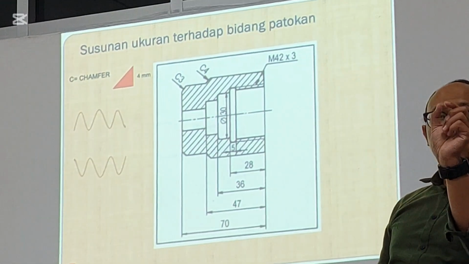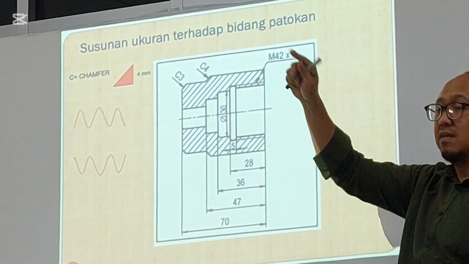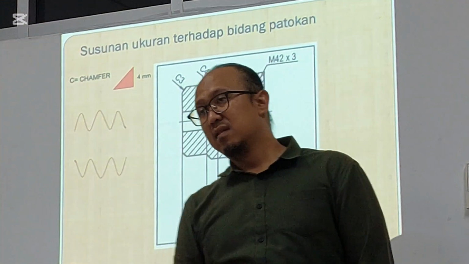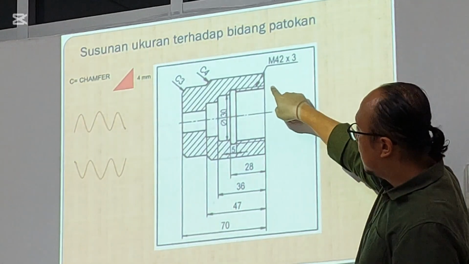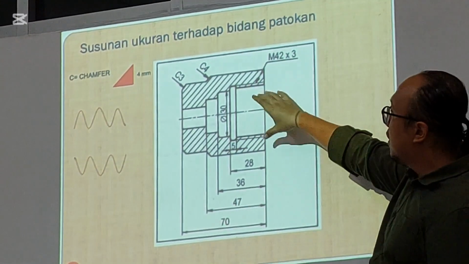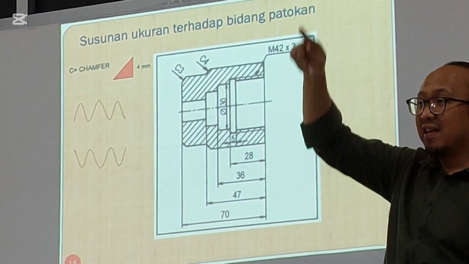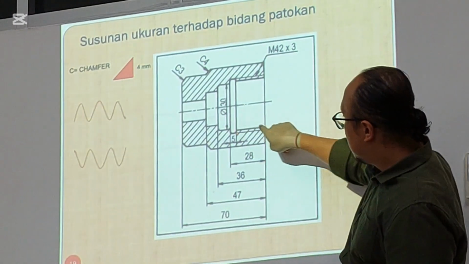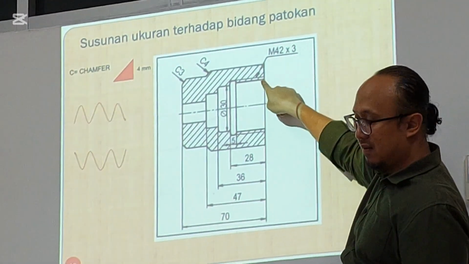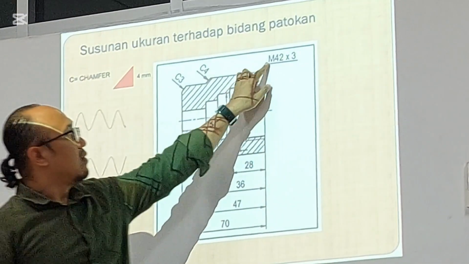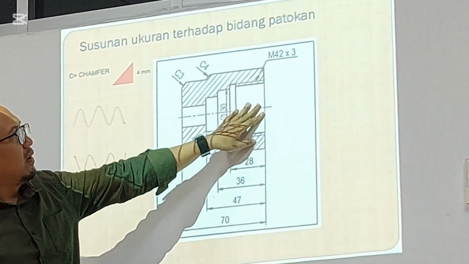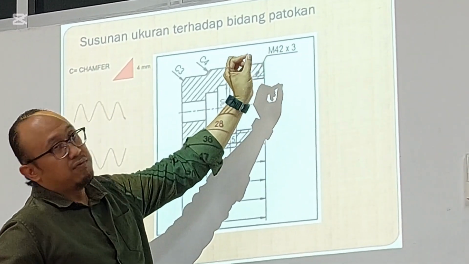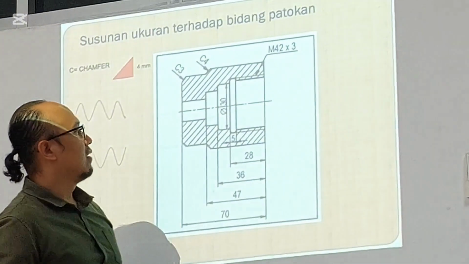The 3 means the distance of the threading, 3 millimeters. But in the drawing, we don't have to draw a zigzag. No need, just use this straight line. And if you find this M42 multiplied by 3, it means that the size of the thread is metric 42 and the pitch is 3 millimeters.